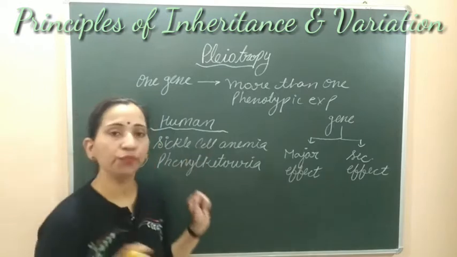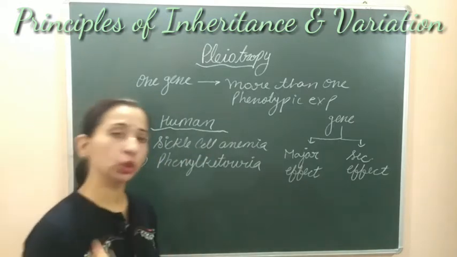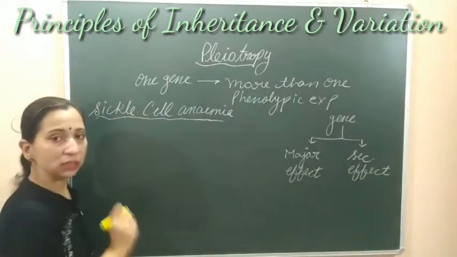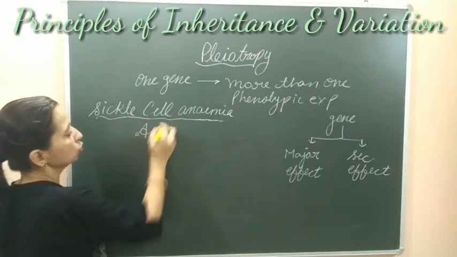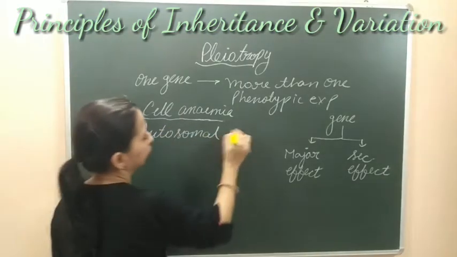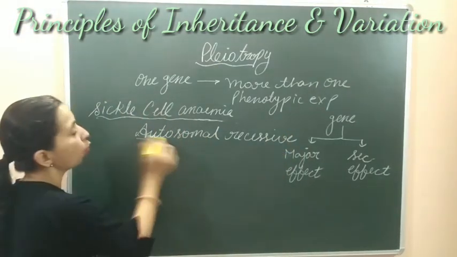So let's start with sickle cell anemia. Let's see how sickle cell anemia shows pleiotropy. This sickle cell anemia is an autosomal recessive disorder. We call it autosomal when the disease is related with autosomes.